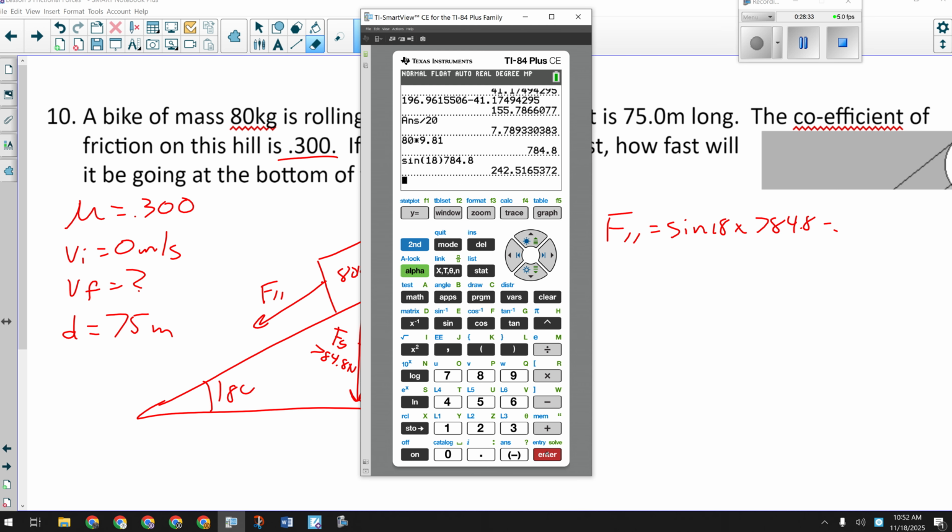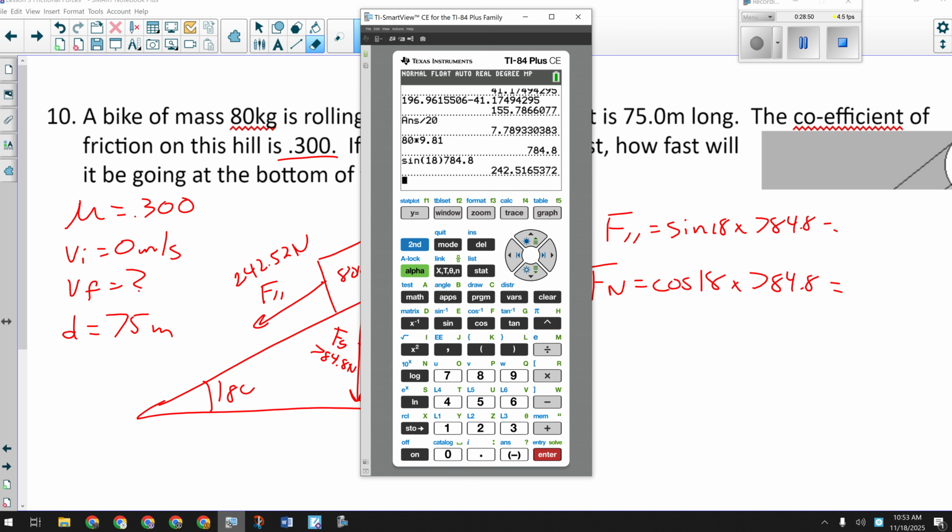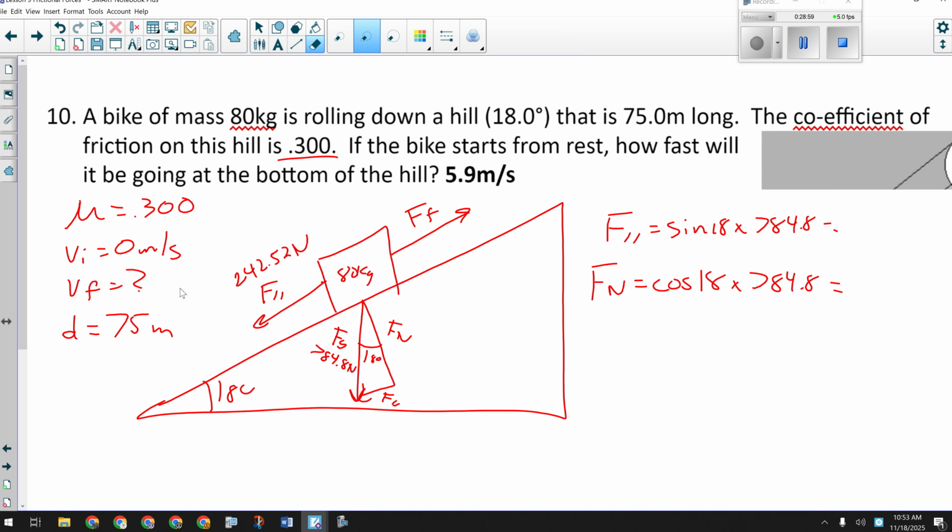So we got 242.52 newtons acting down the hill. We've got to get F normal. It's the adjacent side, so cos of 18 times 784.8. So we got 746.39.